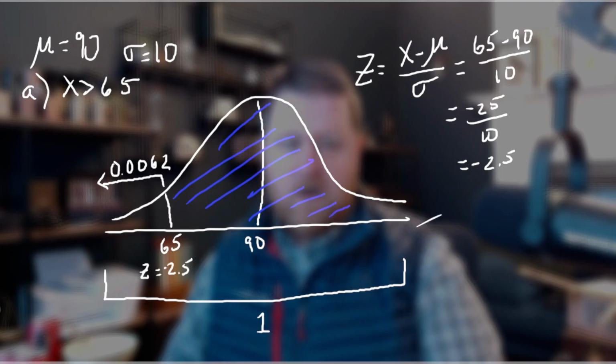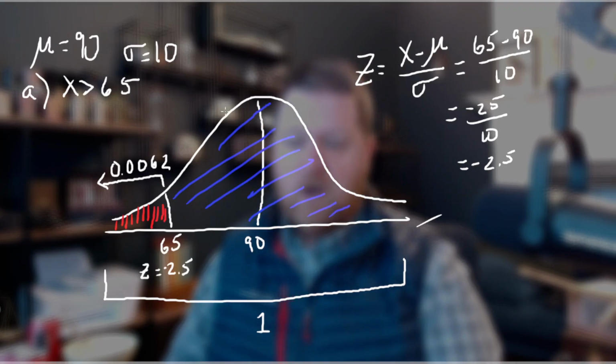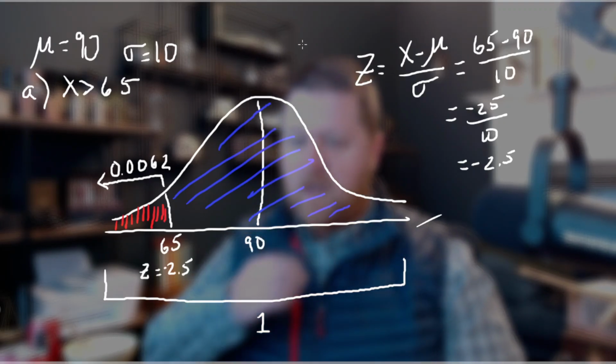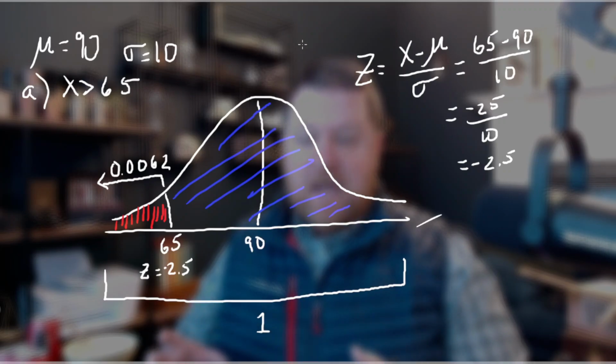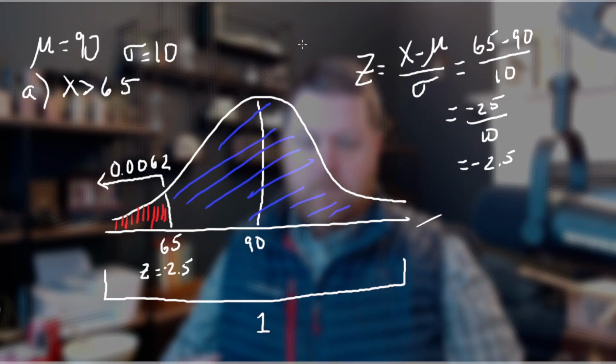And I'm going to shade this area that we found over here. Let's see if I can change my color real quick. Okay. This area that we found here in red, just so that I can talk about the blue and the red area. If you added together the red area and the blue area, you get the total area. And we know the total area is 1, right?